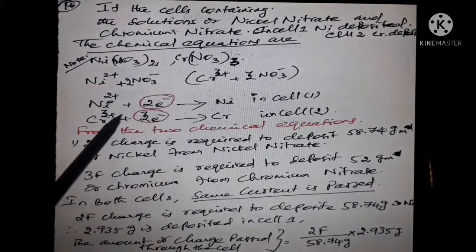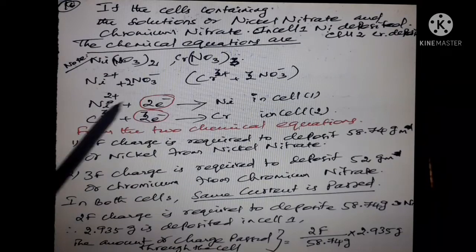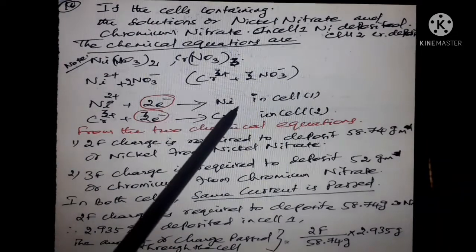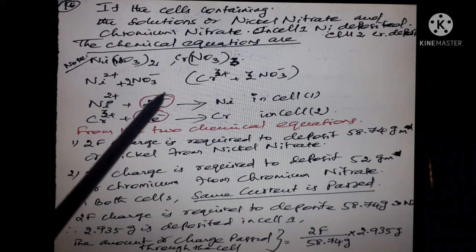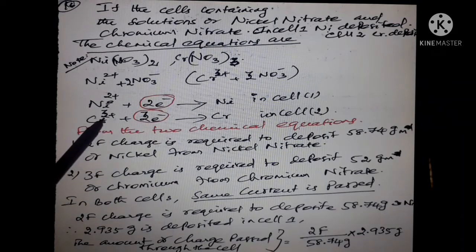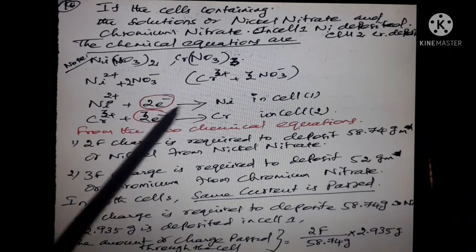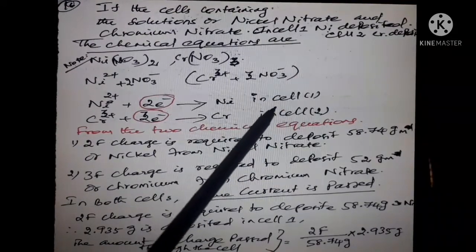Now nickel 2+ gains 2 electrons and changes to nickel, depositing nickel metal. Chromium 3+ gains 3 electrons and changes to chromium, in cell 1 and cell 2 respectively.